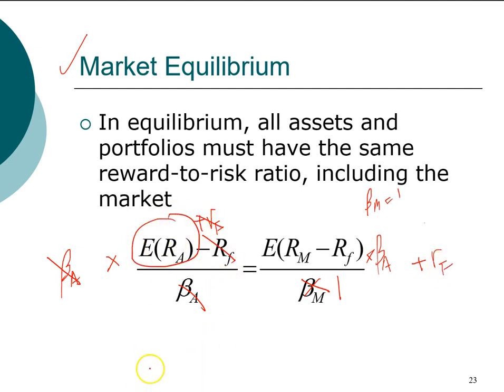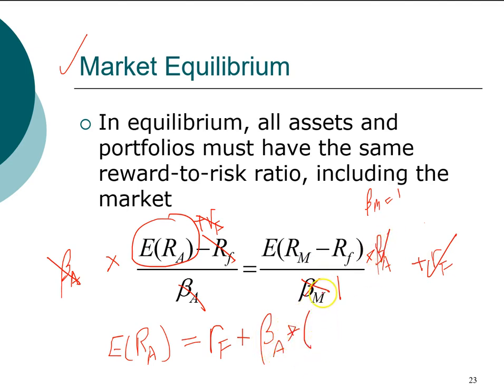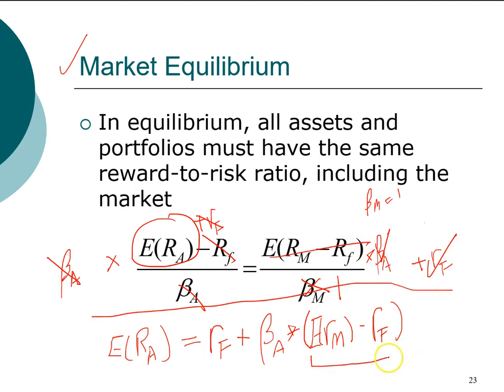And the only term left is the expected return on stock A. So this tells us the expected return on a stock, and that's equal to, let's put this term in better order, the risk-free rate, and we'll add to that the systematic risk of stock A, times the expected return on the market minus the risk-free rate. So we now have a formal formula. And remember that this last part is called the market risk premium.